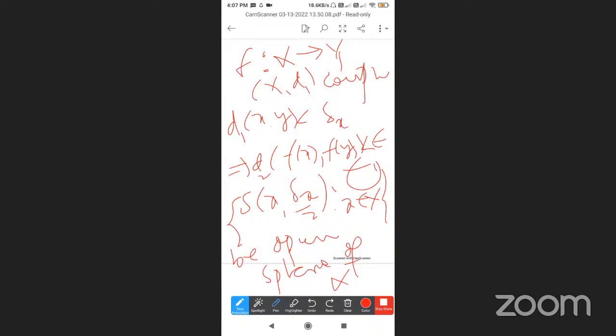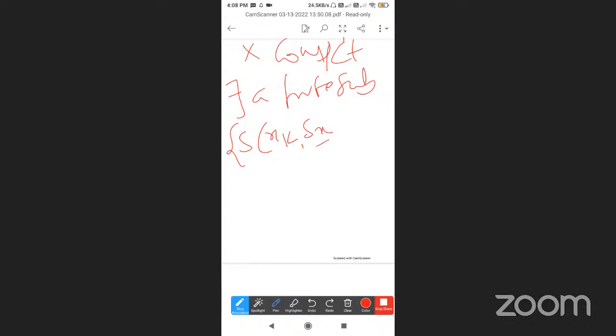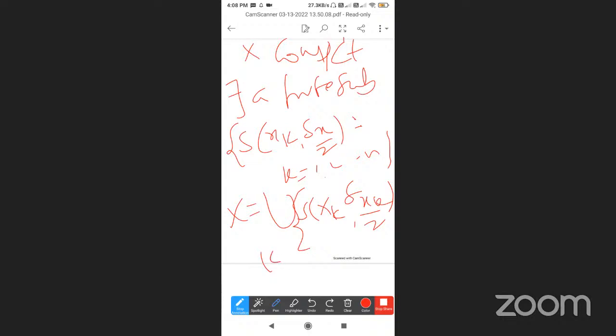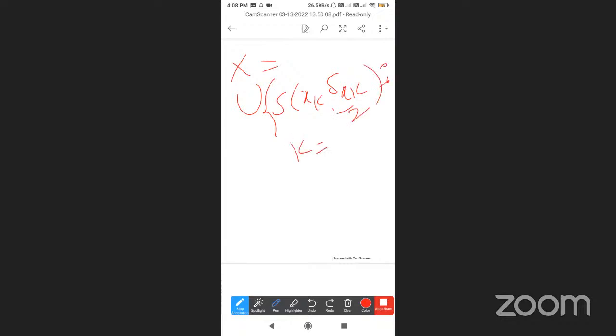Since X is compact, by the definition of compactness there exists a finite subcover: S of xk comma delta xk by 2, for k equal to 1, 2, up to n. So X is equal to the union of S of xk comma delta xk by 2, k equal to 1 to n.